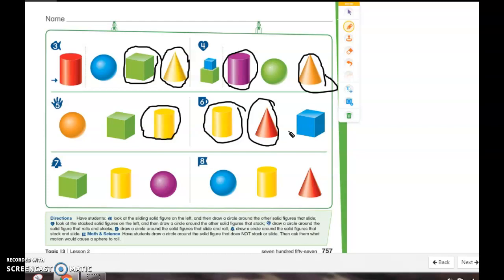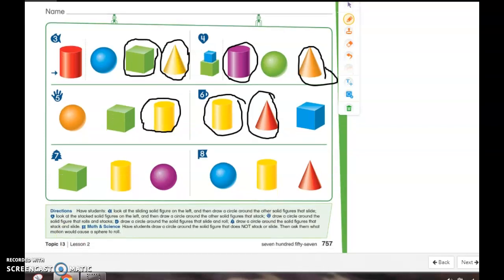Number 7 wants to know what solid figures can stack and slide. Who can stack and slide? Did you say the cone and the cylinder? Because they can. Okay, now number 8, I'm going to put a not in front of this. Which solid figure does not stack or slide? It can't stack and it can't slide.